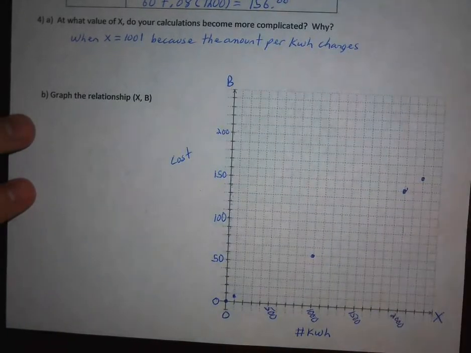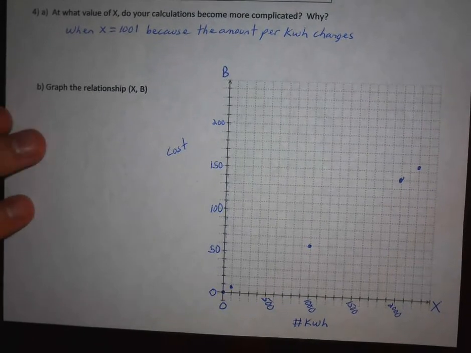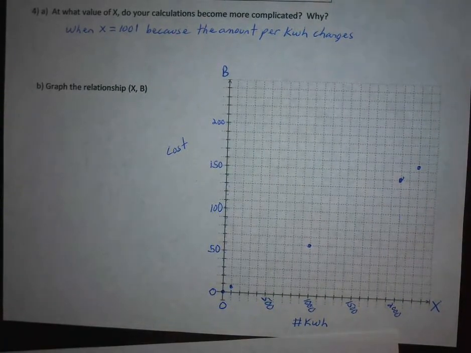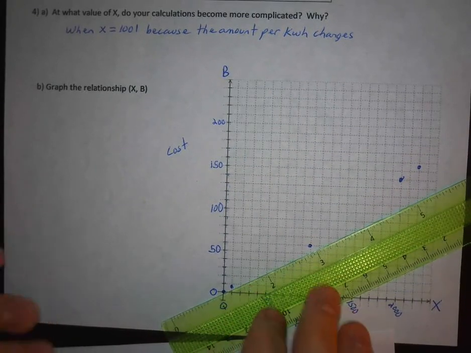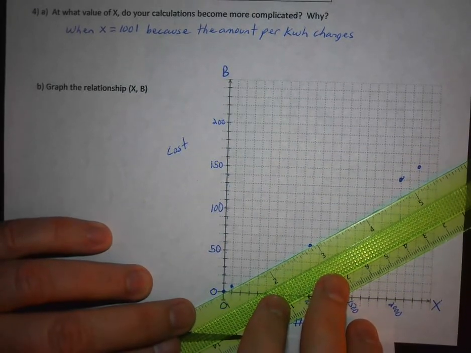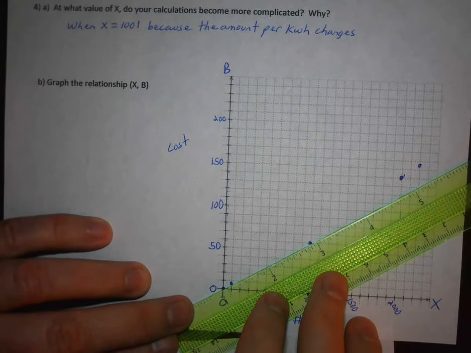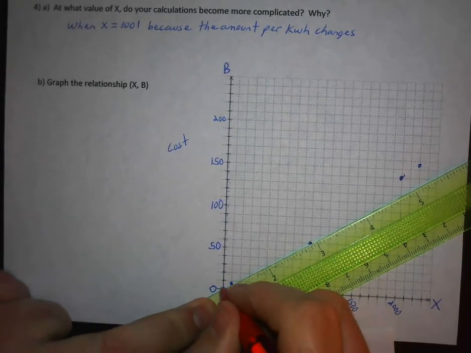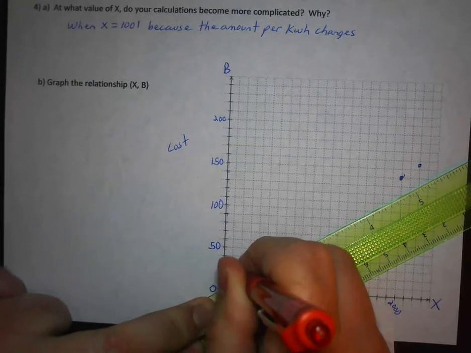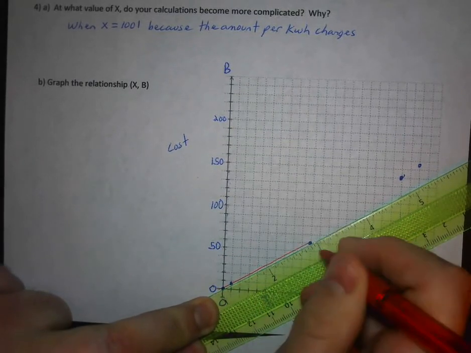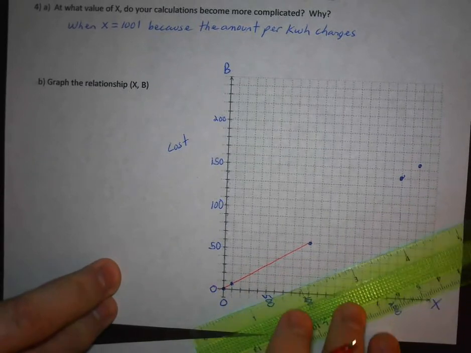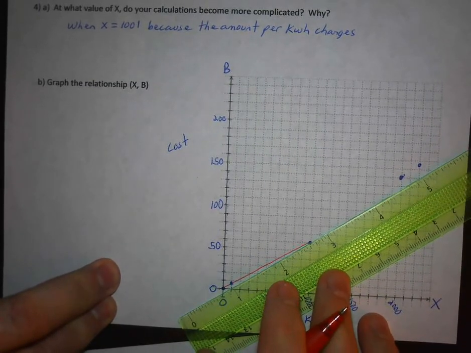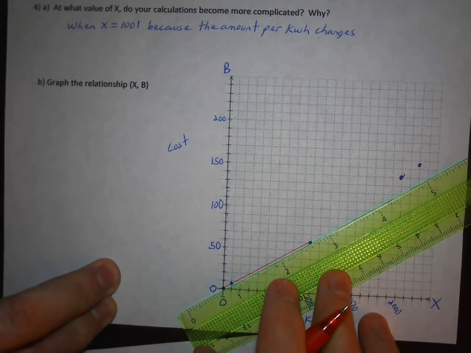Okay, and then you plot the points. So there's the points plotted. And then if we look at what's happening here, if I use my ruler, notice the first 3 points that I plotted are a linear equation. Okay, so we can see that the last 2 I plotted are not quite on that line.